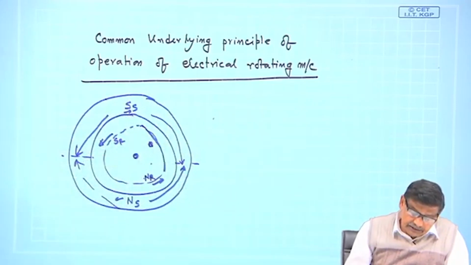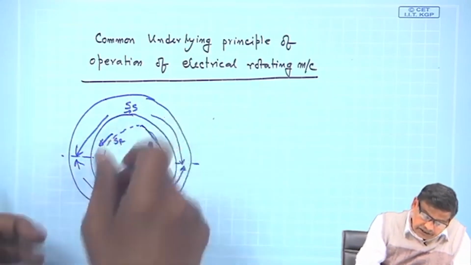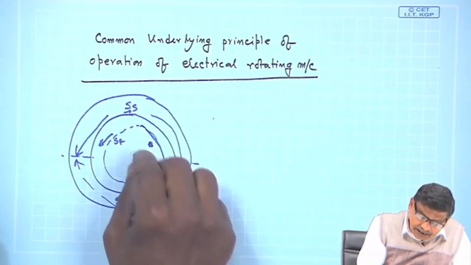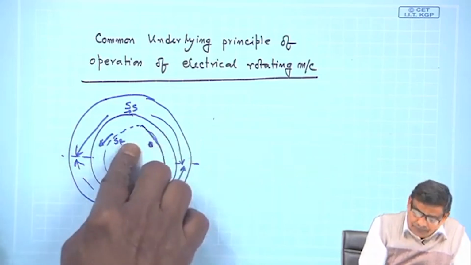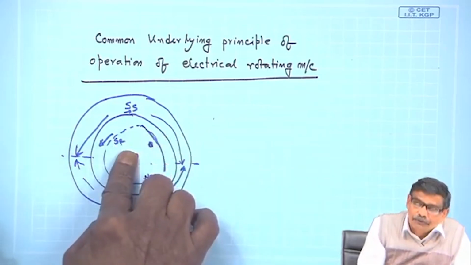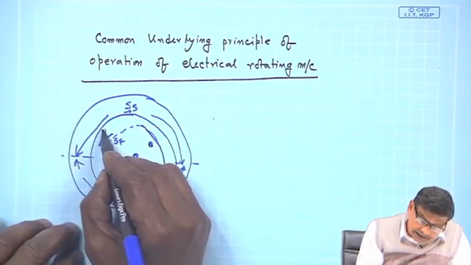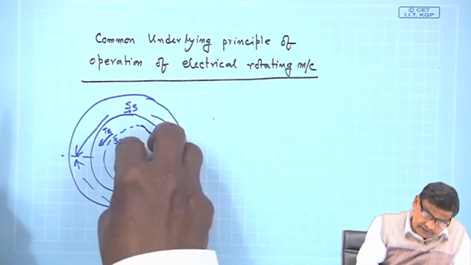Now, suppose in this position for the time being I am just holding the rotor, I am not allowing the rotor to move, but I am sure at this point there is an electromagnetic torque in this anticlockwise direction, is it not?